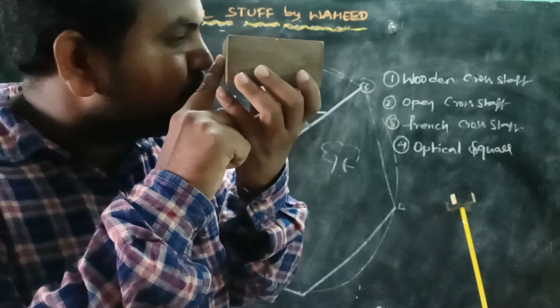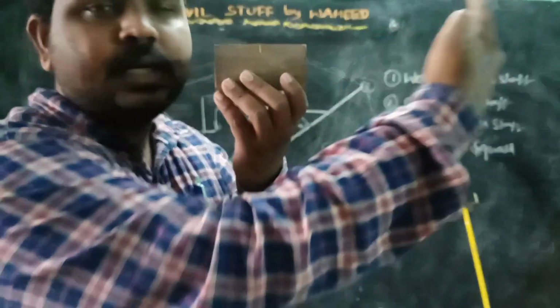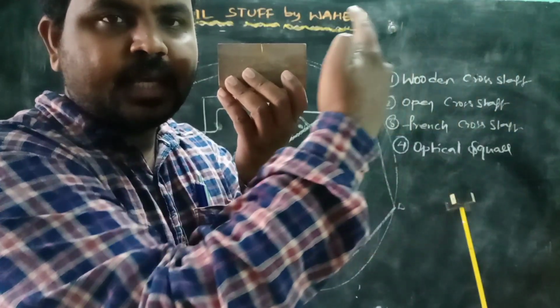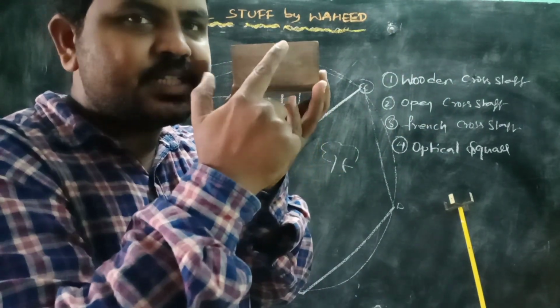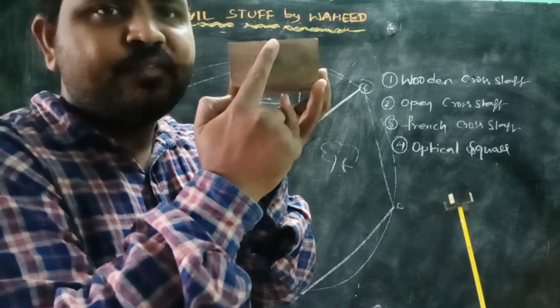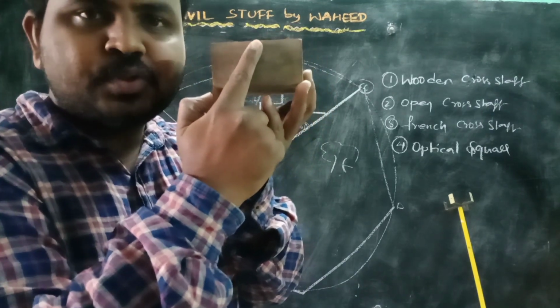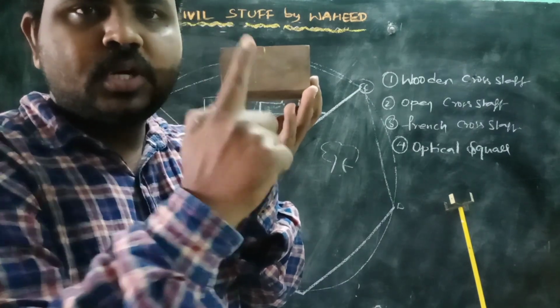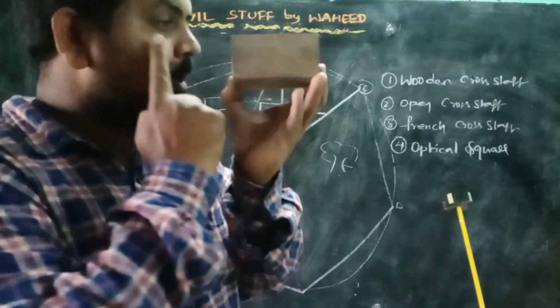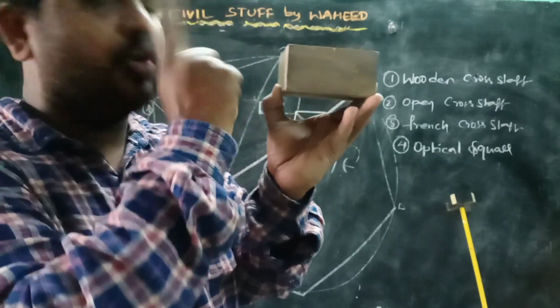If I peep from here, I can see the ranging rod. The other person from here will be adjusting the perpendicularity. First of all, you are supposed to adjust the perpendicularity with respect to the object. Then we have to see whether they are in line or not.